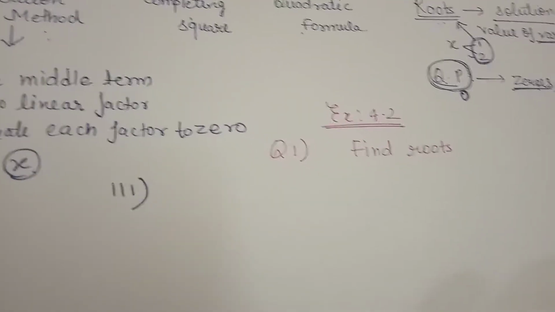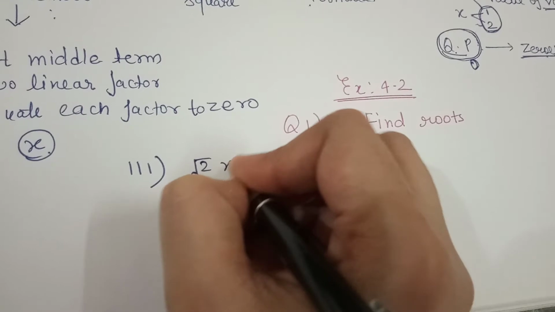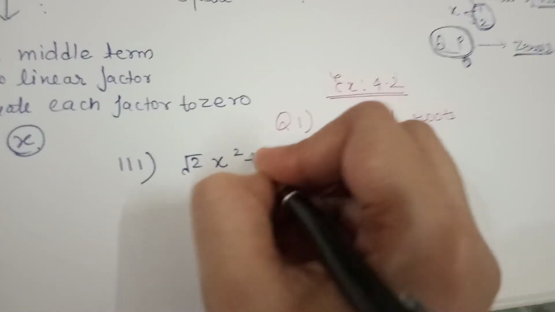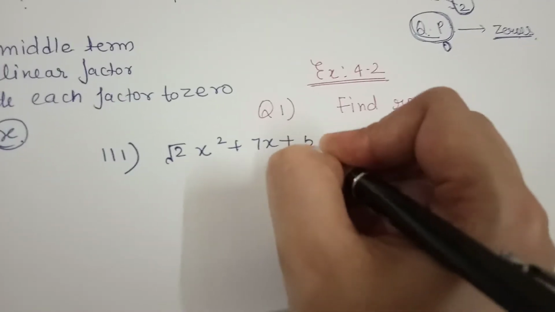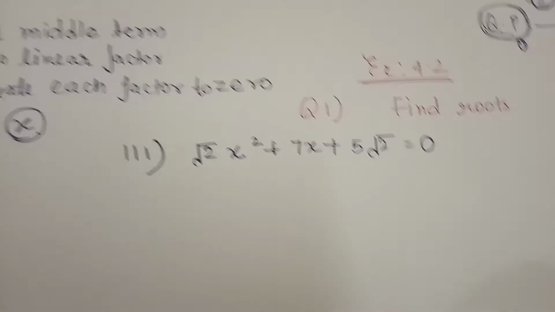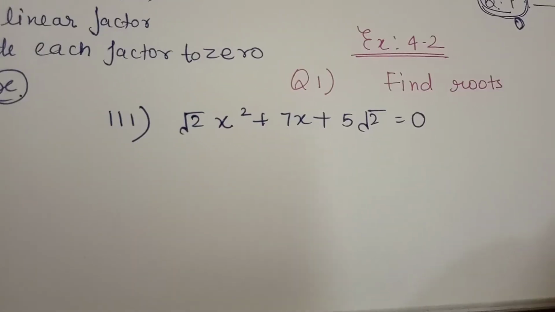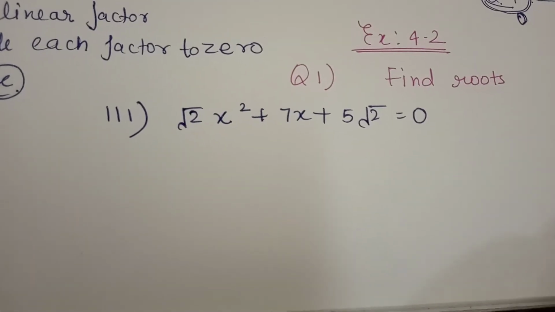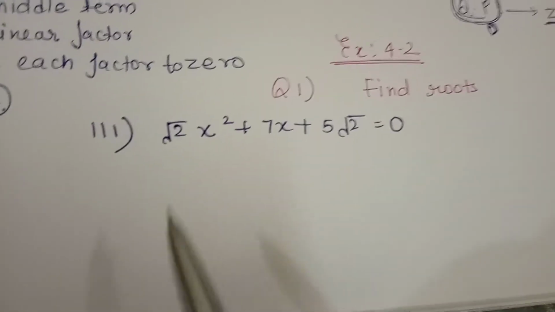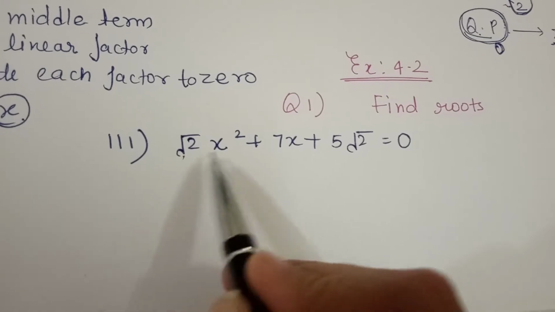So first I am solving the third equation, and the third equation is root 2 x square plus 7x plus 5 root 2 equal to 0. Students, I know that you already know how to factorize using the splitting method, but it's my duty, and again I'm explaining step by step. So what we do in this method, first we multiply the first and the constant term.